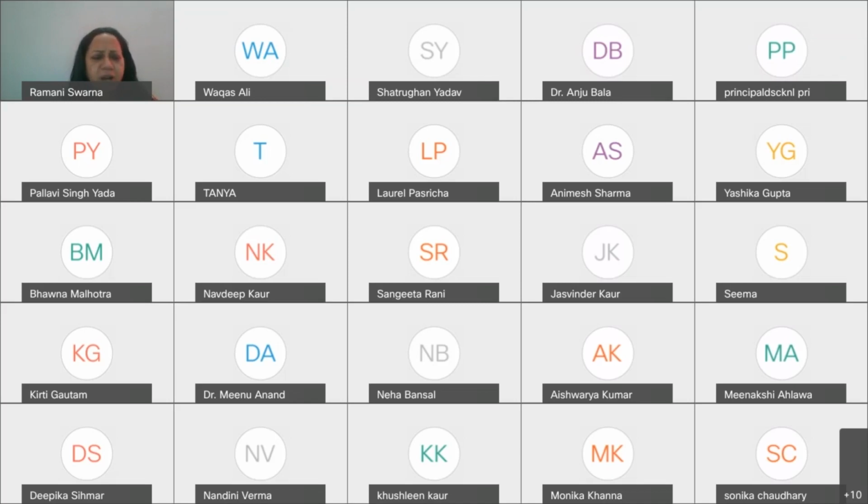Laurel, not able to hear you. Okay, at least you have got your output. I'm happy. Maybe somebody else can take the lead and they can unmute themselves and then come back.